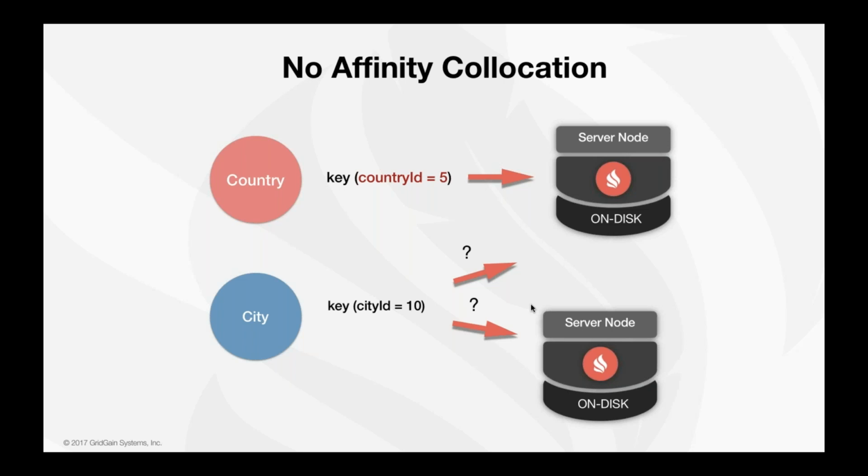Ignite will decide based upon the cluster, it will hash the key and store it on some particular server node. And if we happen to have a city, and if there's no information that it knows about some relationship between that city and that country, then again, it just applies an algorithm and randomly decides which particular node it's going to go on, based on the results of that algorithm. So we're not guaranteed anything, it's purely based upon the hashing, how the data are distributed based upon the algorithm that it's using.